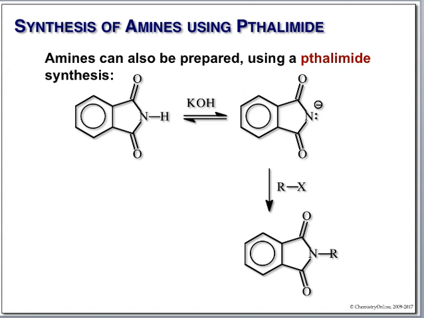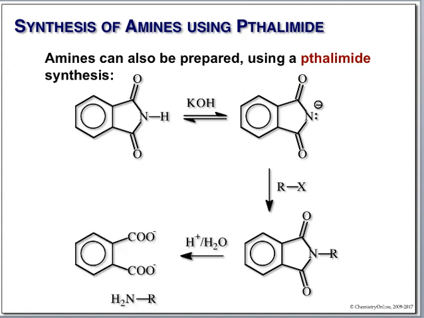Amides can be hydrolyzed. If we hydrolyze the amide here, we would get the carboxylic acid and the free amine. So we simply dump this into acid, we get phthalic acid, and we now get our amino group. No danger of explosives. Any questions?